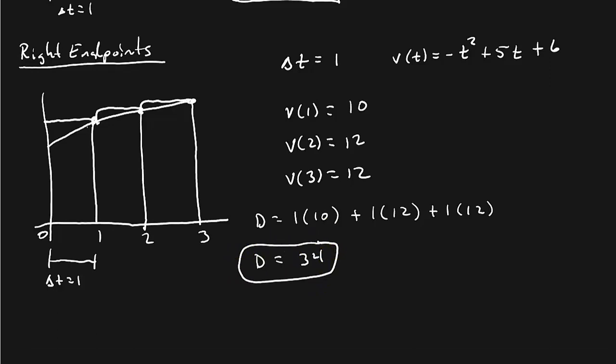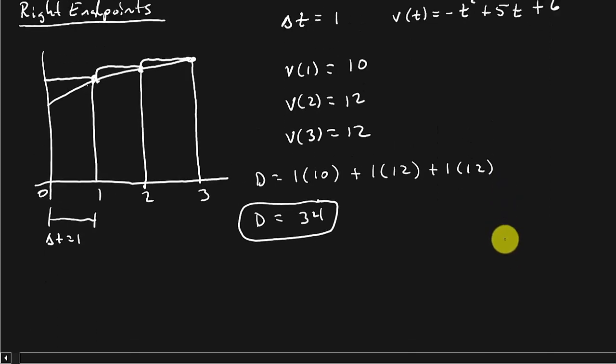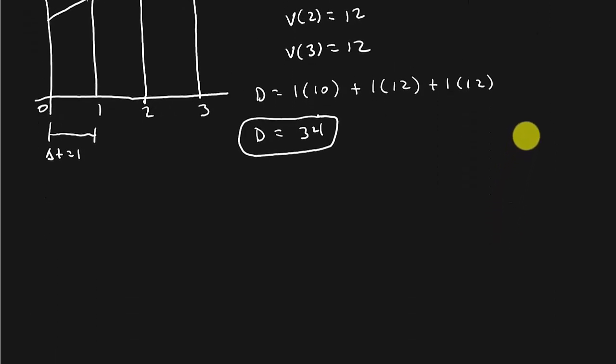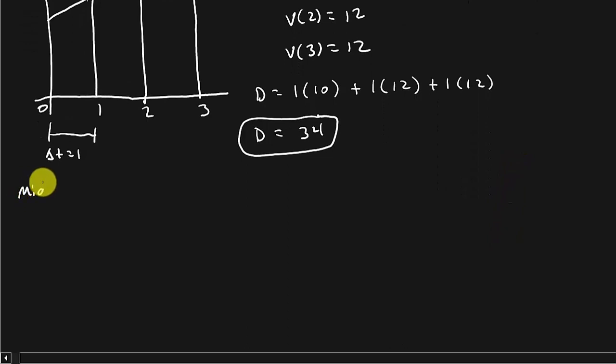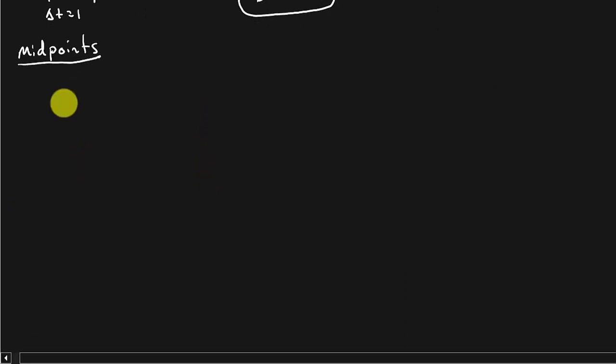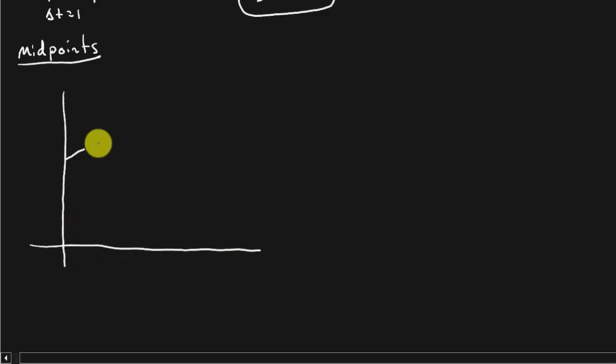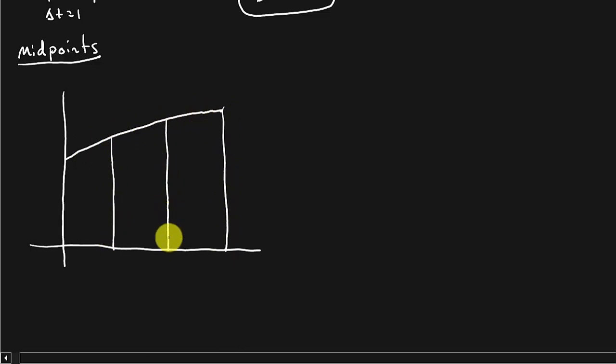All right, now let's look at using midpoints. So once again, let's draw the graph. And we know this is 0, 1, 2, 3. We know the width is delta t.